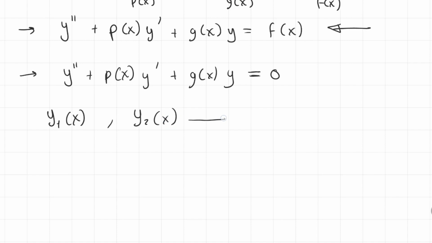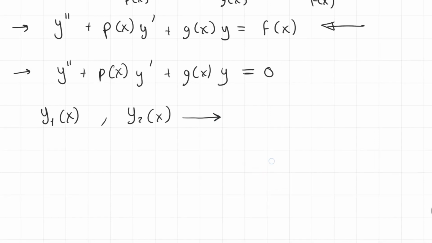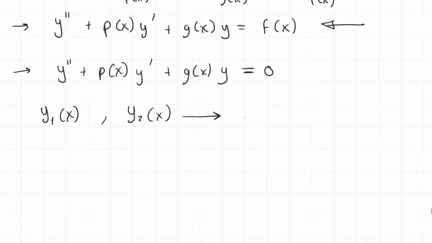Also, it is very well known that in linear differential equations, if you have two linearly independent functions that are solutions of the differential equation, then the linear combination of these two functions is also a solution.